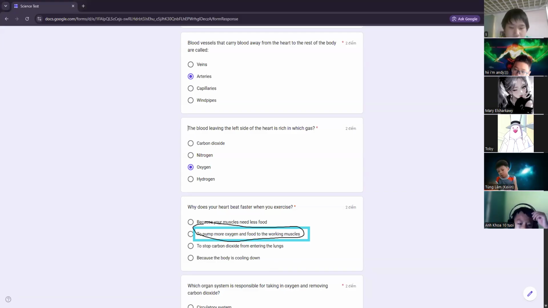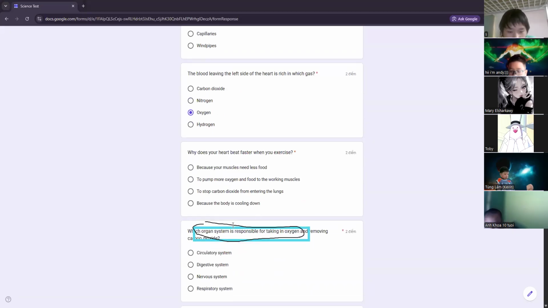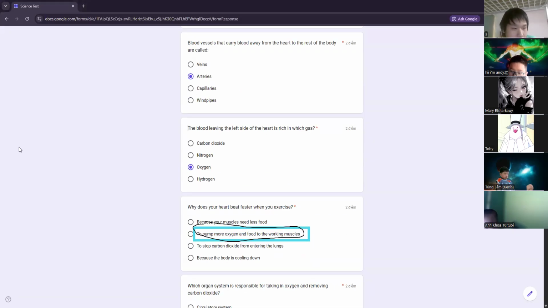You owe oxygen to your body parts, and that means your body doesn't have enough oxygen to maintain itself. While you're in an oxygen debt, your body will instinctively force you to produce way more heartbeats and make your heart go faster to cover up for the oxygen debt. So that is why this option is correct.